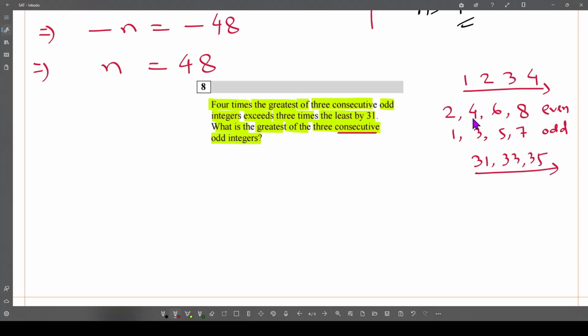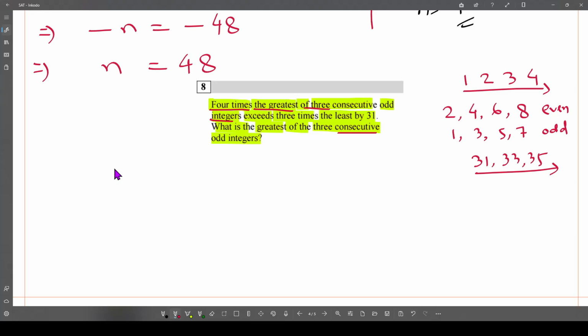Now we don't know what the 4 consecutive numbers or 3 consecutive numbers are. We don't know, but here it is mentioned 4 times the greatest of 3 consecutive odd integers.